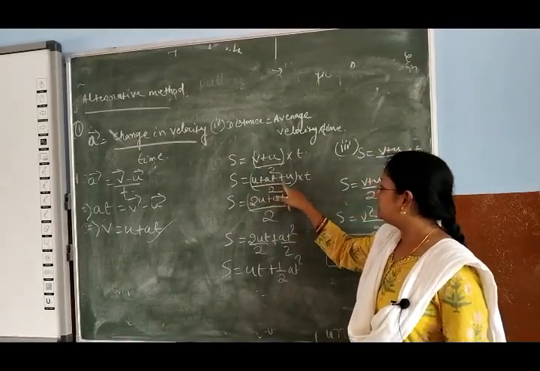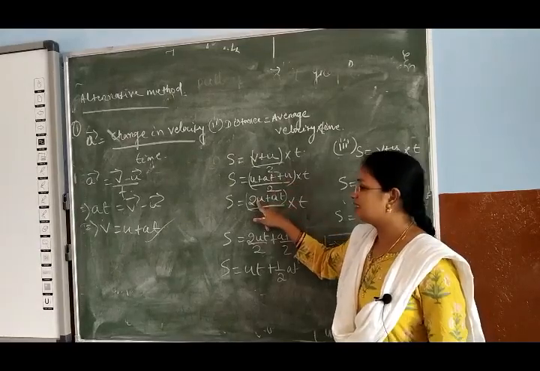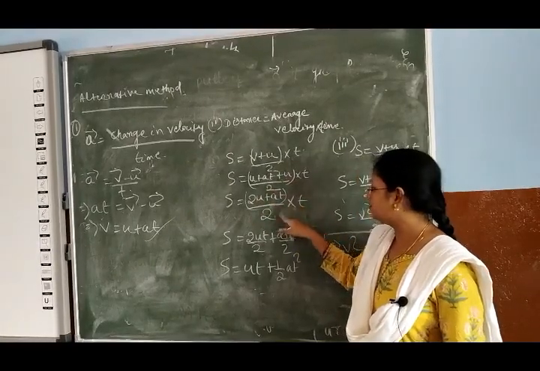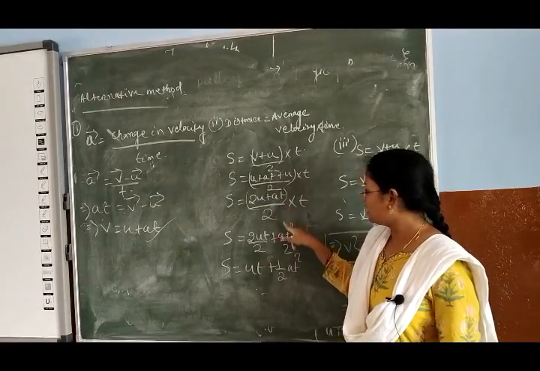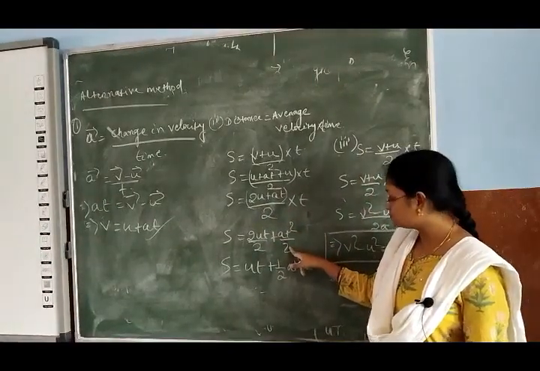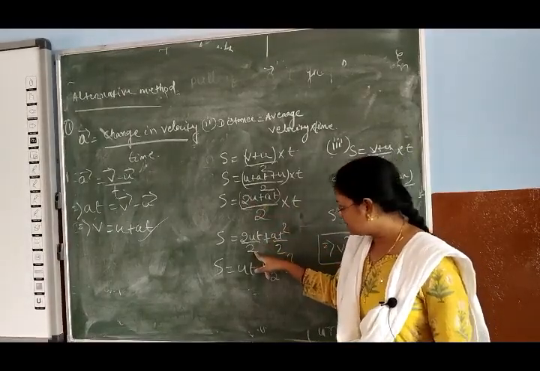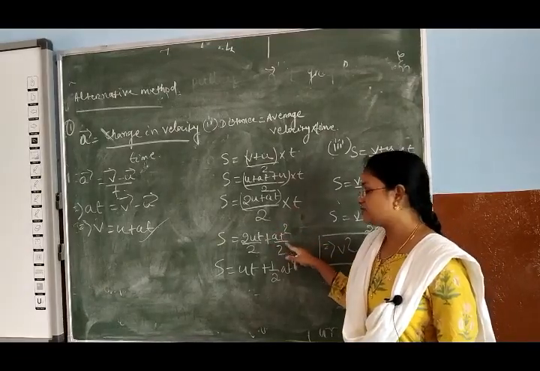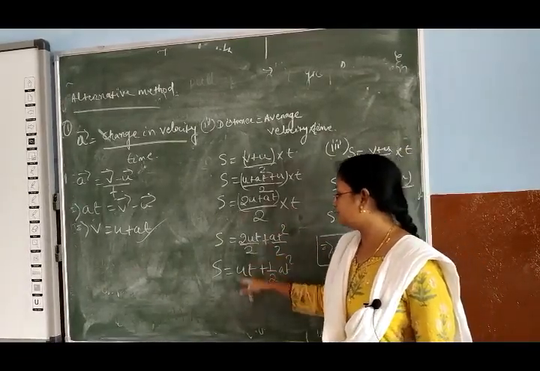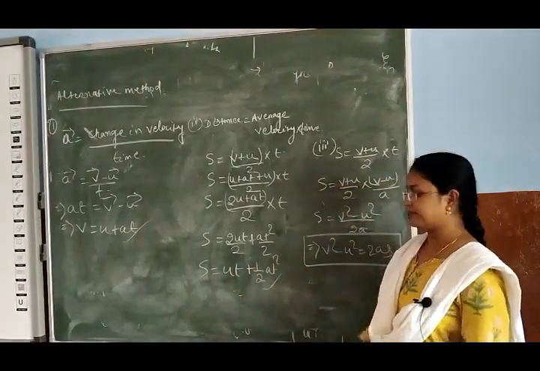U plus AT plus U by 2 into T. So U plus U is 2U plus AT by 2 into T. So 2UT by 2 plus AT into T is AT square by 2. So this 2 cancels. So S equals UT plus half AT square.